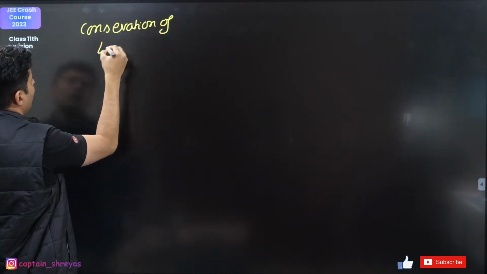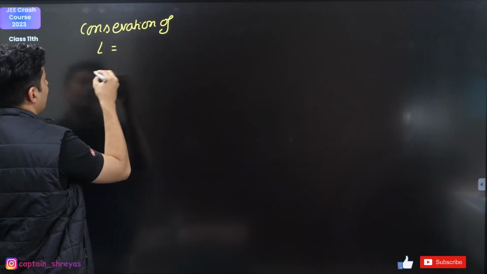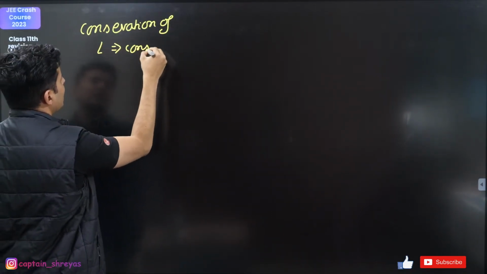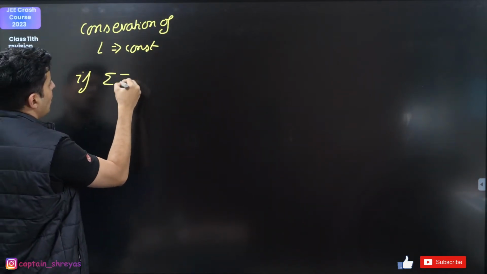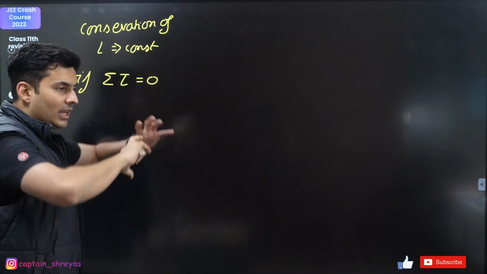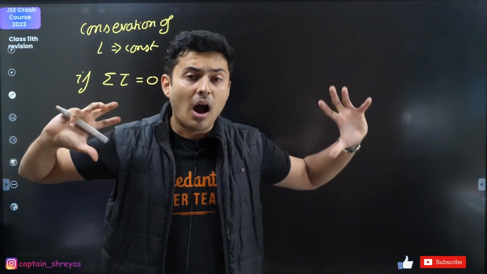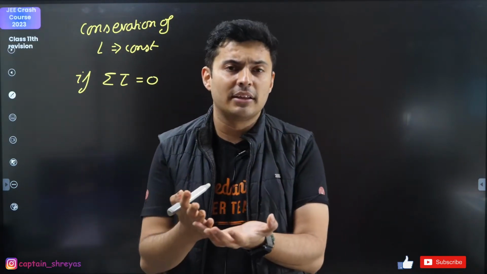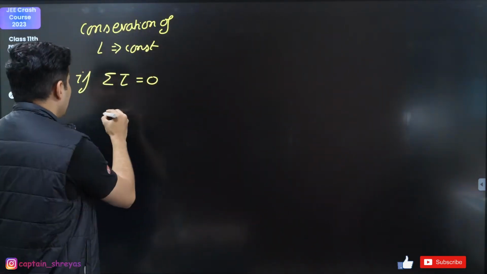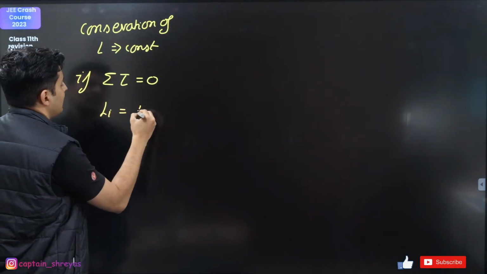You also will see many problems involving conservation of angular momentum, conservation of L. Basically, L is constant. This happens if the net torque acting is zero. If there is a body on which outside torque is not there, or they are there but they are cancelling out each other, net torque is zero, then the initial angular momentum is the final angular momentum.